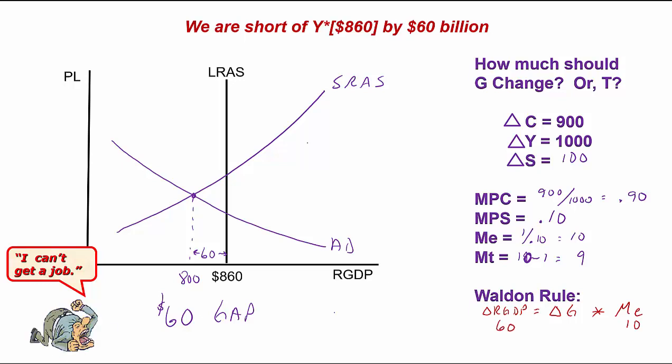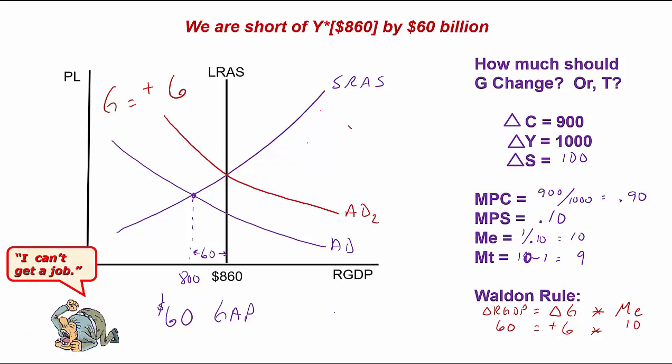So all we have to do is increase government spending by 6. If we increase government spending by 6, that will shift the AD curve to the right, and we have fixed the recession.